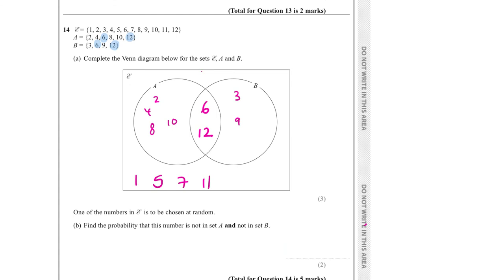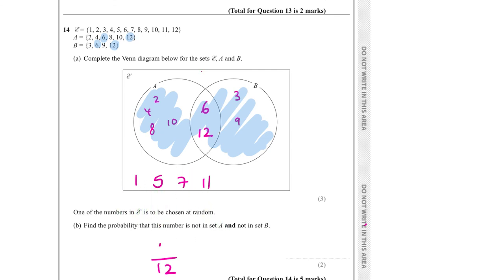So first of all, if we're choosing it at random, we're thinking about probability. How many options do we have available? 12 options. But how many are not in A or B? Where is A and B? Here and here. How many numbers are not in A or B? 4 different numbers.